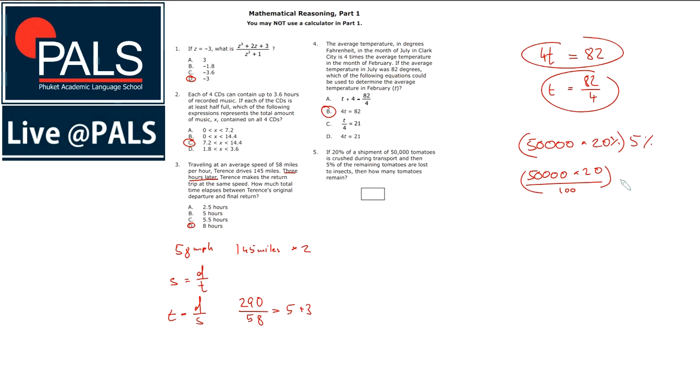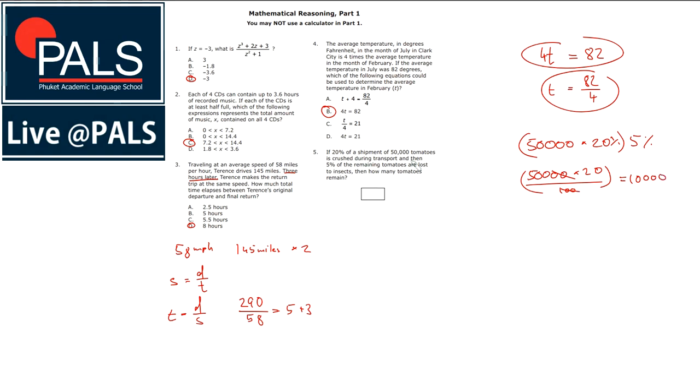We can do this in 2 steps, probably easier. So we divide by 100, which means we can just cross out 2 zeros. 2 times 5 is 10, and then we are remaining with 1, 2, 3 zeros.